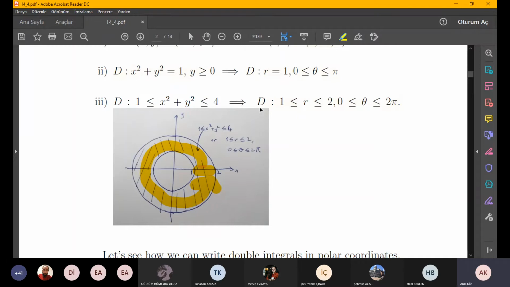As you can see in the third example, when we write the shaded area in the r theta plane in polar coordinates, we find an x and y simple domain, right? So it is now easy to calculate the double integration through that region.